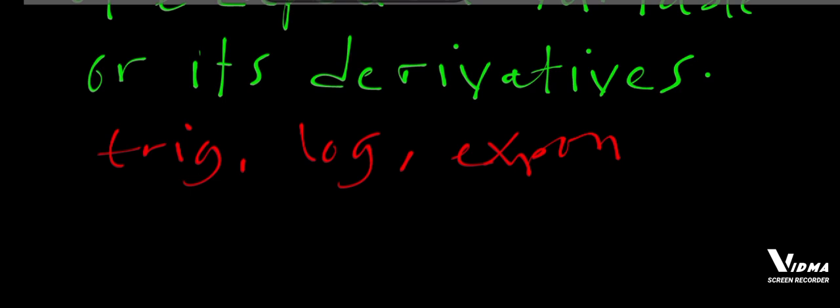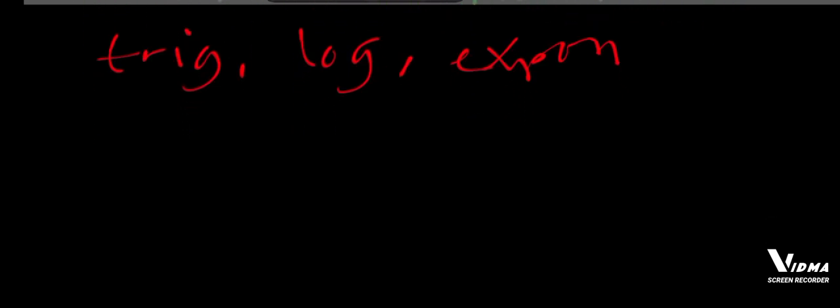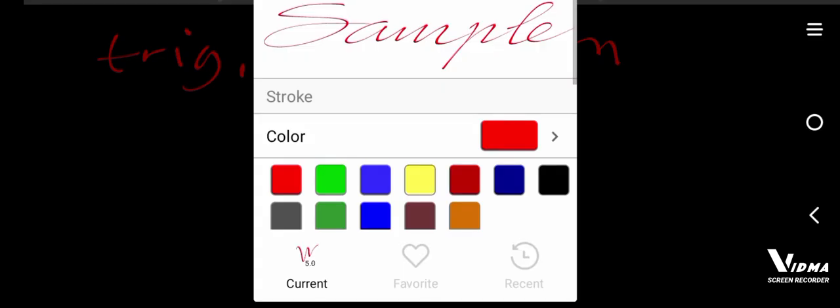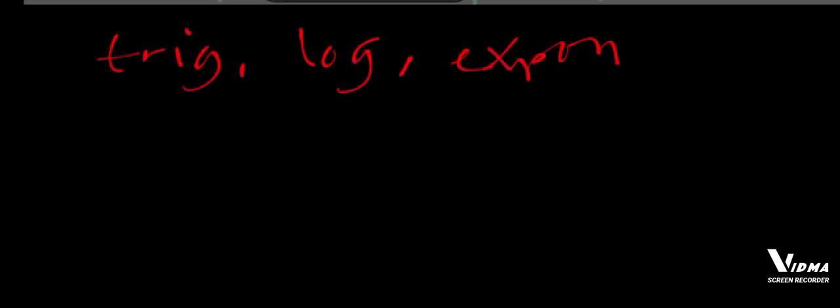So let me clarify something here. Let me use another color, yellow. Let's say I have y sine x.